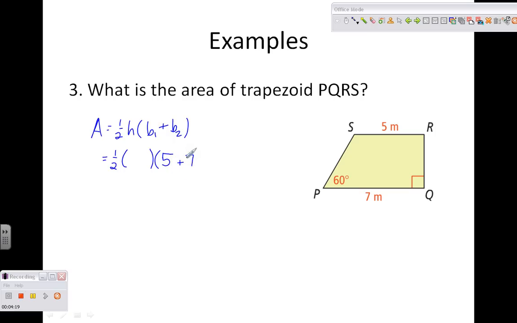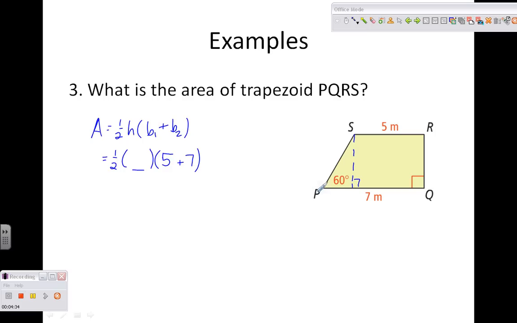So even though I know my bases and I can find the sum of the two bases, I still need to find my height, and that's missing. Well, that would be this distance, or if I draw it in over here, it's also going to be this distance, but unfortunately I don't have it. This problem doesn't give it to me.